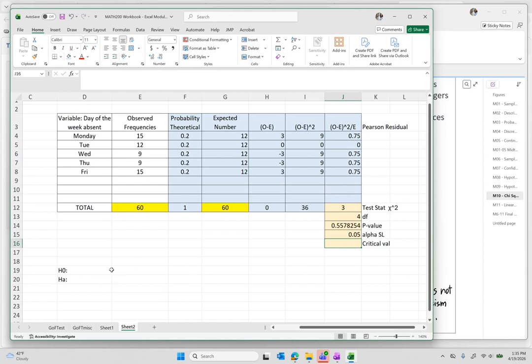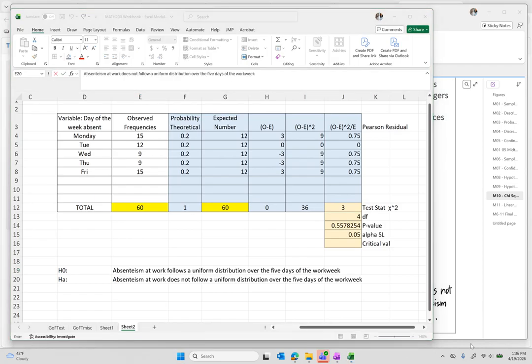And if you remember, my null hypothesis was that absenteeism for employees follows a uniform distribution across the 5 days of the work week. And the alternative was that it does not follow a uniform distribution. So again, I was able to find the same values that I found when I did things manually.